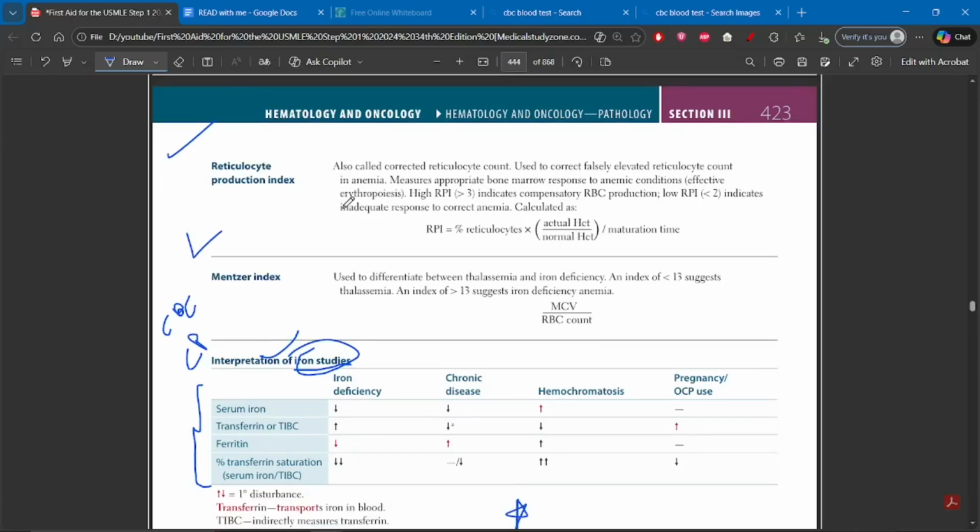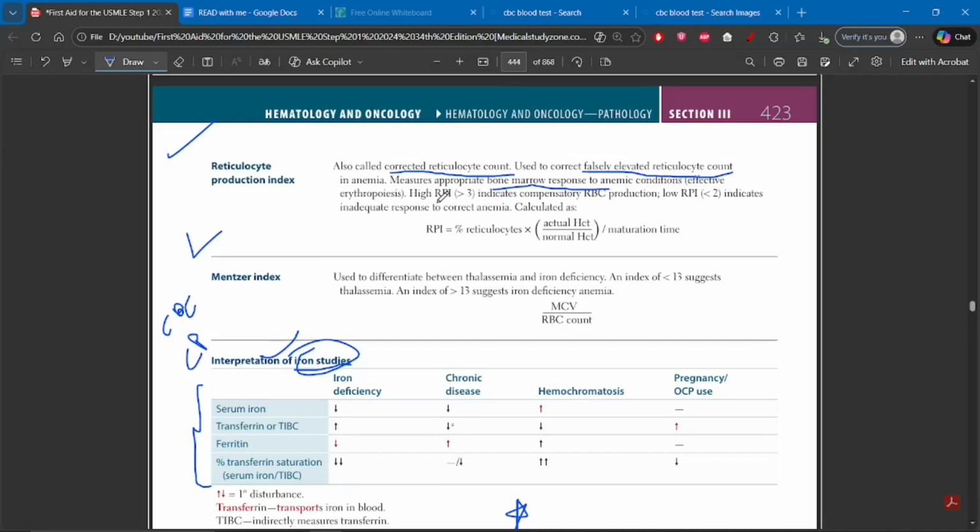Reticulocyte production index is also called corrected reticulocyte count, which is also known as Retic count in short form. It is used to correct falsely elevated reticulocyte count in anemia, measures appropriate bone marrow response to anemic conditions, effective erythropoiesis.